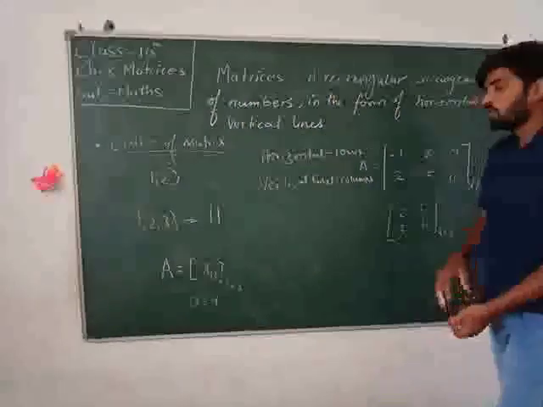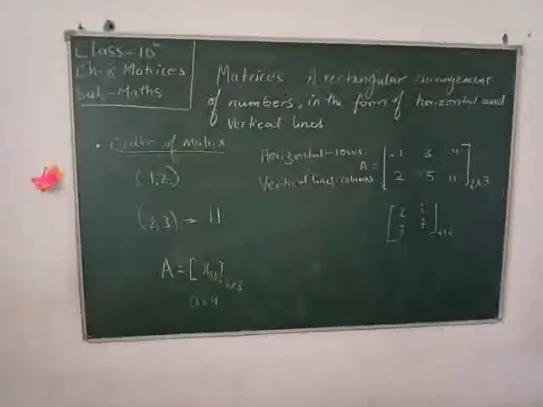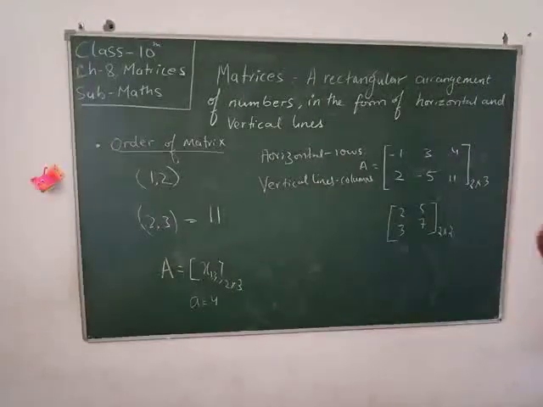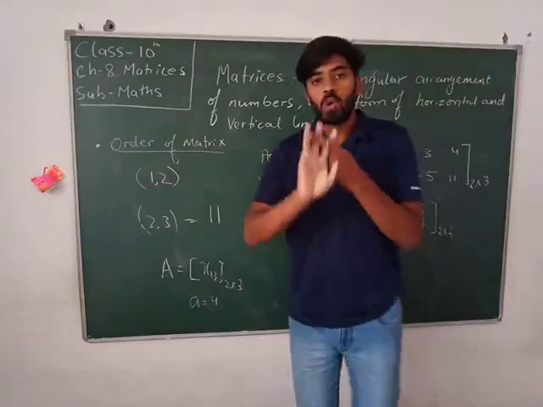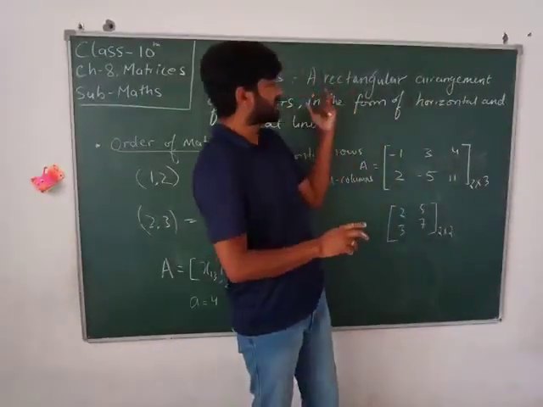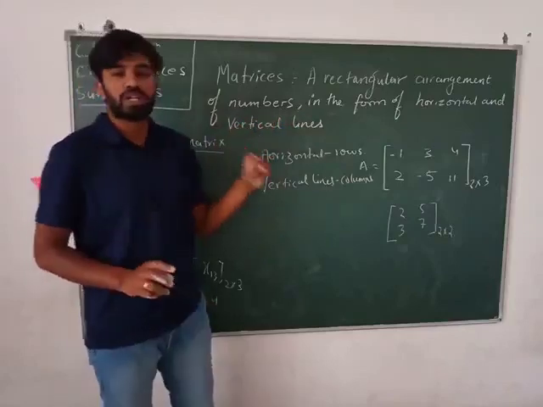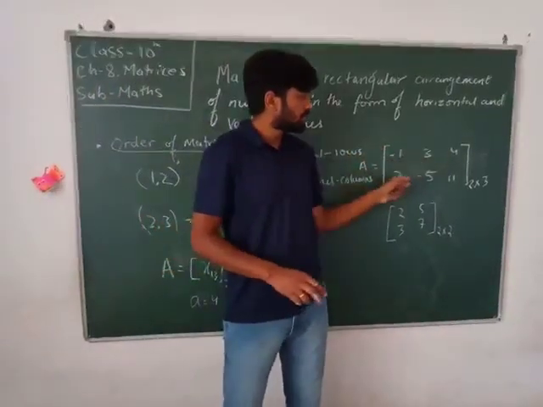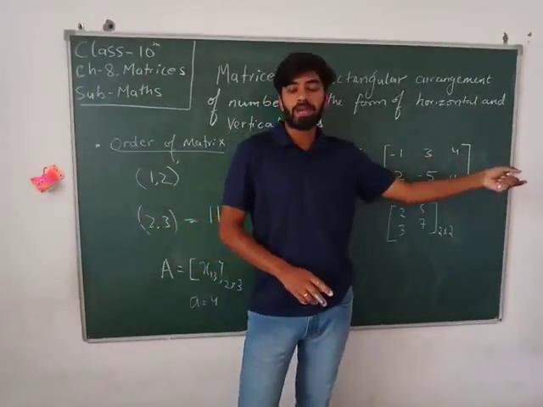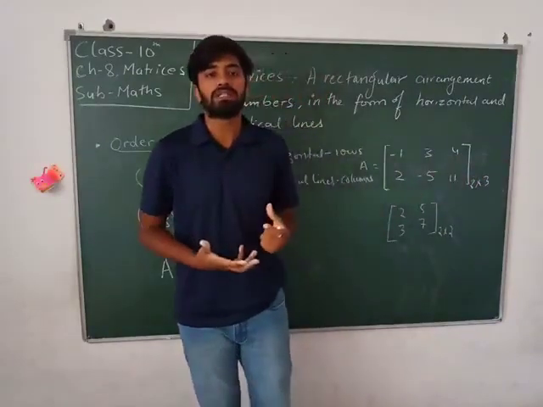Okay, I hope you guys understood a little bit of it, what is the order of a matrix and how to find the address. So there are three things we understood. What is a matrix? A matrix is a rectangular arrangement of numbers in the form of horizontal and vertical lines. It's an arrangement of numbers.